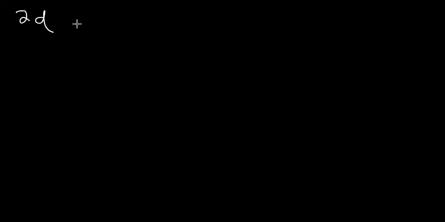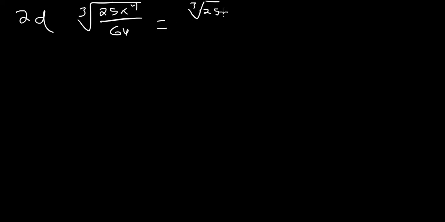Here we have problem 2d, the cube root of 25x to the fourth divided by 64. First, let's use the quotient rule to get the cube root of 25x to the fourth divided by the cube root of 64.